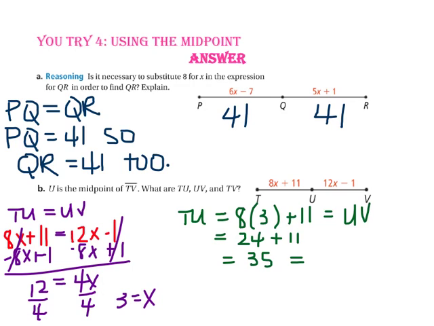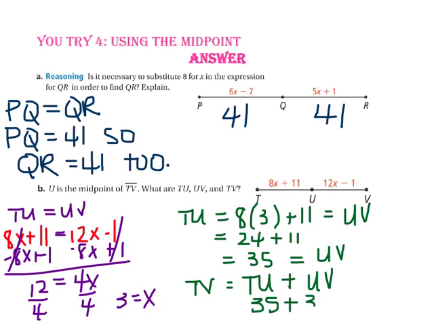Since the length of segment TU is 35, the length of segment UV is also 35. We know that the length of segment TV equals the length of segment TU plus the length of segment UV, or 35 plus 35, which equals 70.